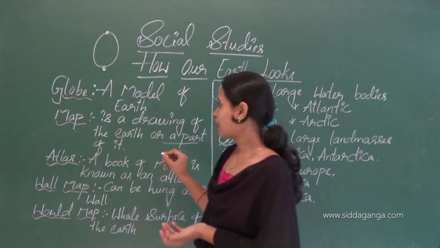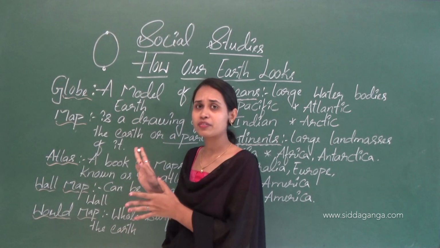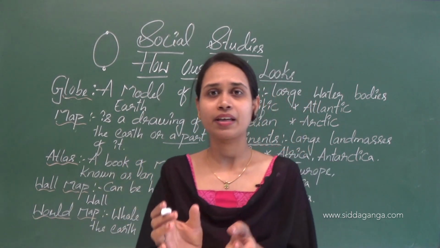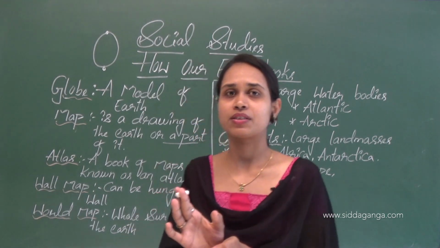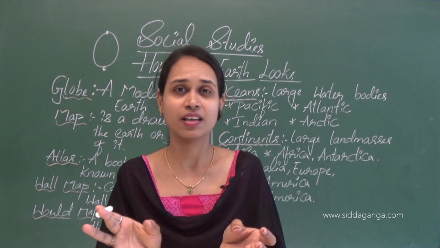We can choose any part of the Earth. For example, if I choose the India map, I can carry it anywhere. It makes it easy, and it also makes it easy to search for places.